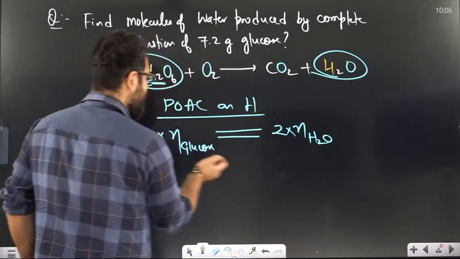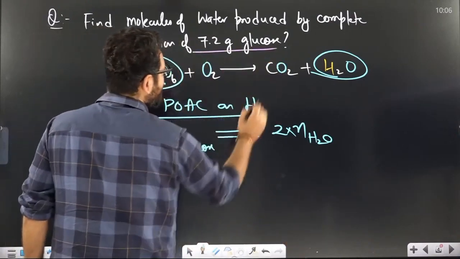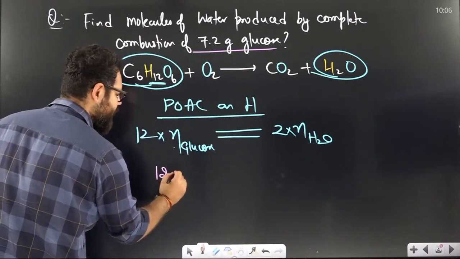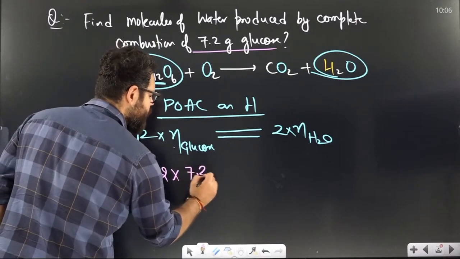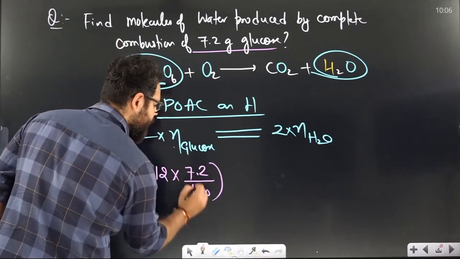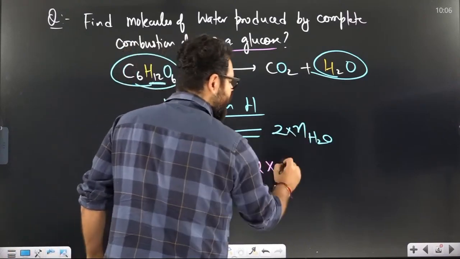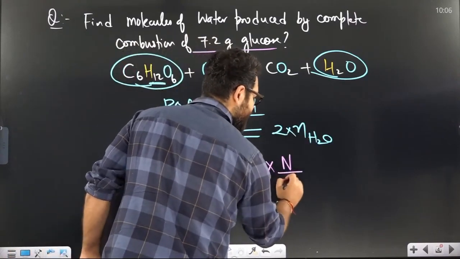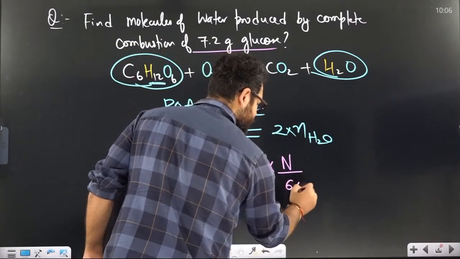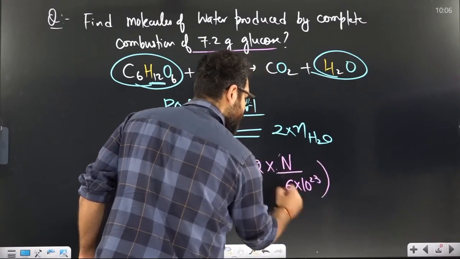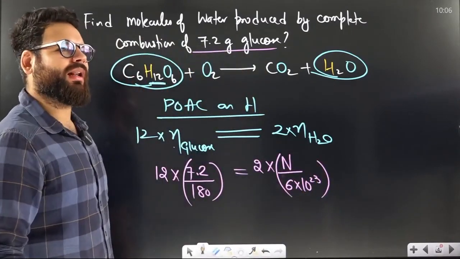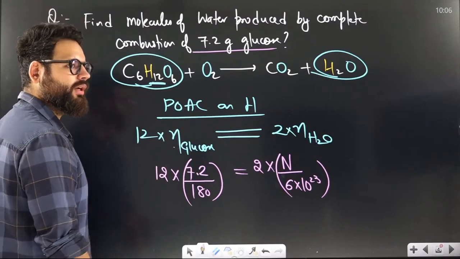Now put the formula. For glucose they have given mass, so I'll take mass by molar mass. 12 times 7.2 gram by 180 gram molar mass equal to 2 times moles of water. I can say moles of water is number of molecules by Avogadro number. That's all. Finish. I don't even have to balance.